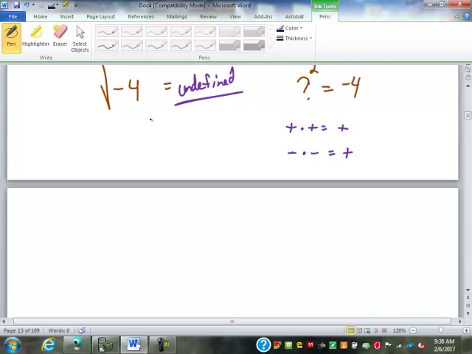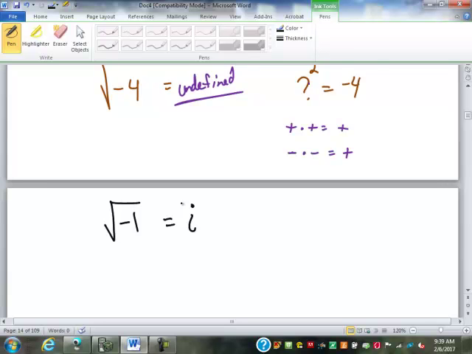Now, you don't need to put this in your notes because I'm never going to test you on it. What they do is they define the square root of negative 1 to be i. Where did they come up with i? Well, somewhere two math geeks were sitting around saying, imagine if the square root of negative 1 were defined.